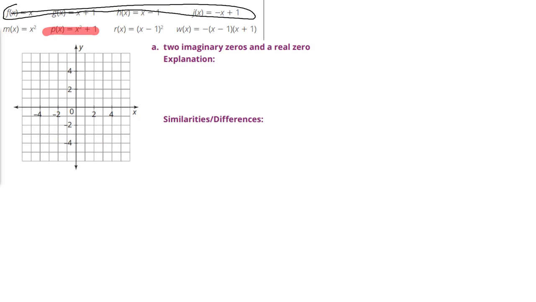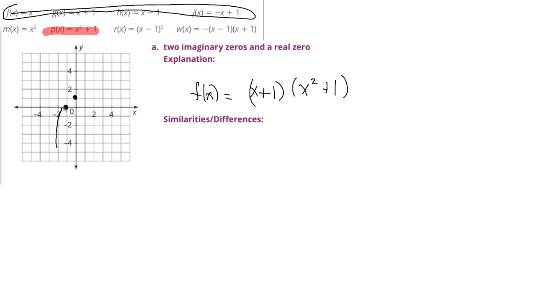And so depending on which one you chose, so let's say you chose x plus 1 and x squared plus 1 as the two things for your f of x. So that means at negative 1 I have an x-intercept, and at 1 I'm going to have a flattening point.